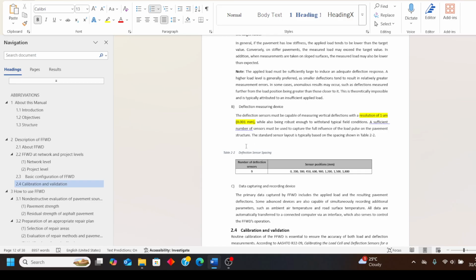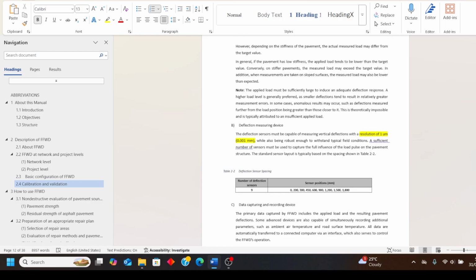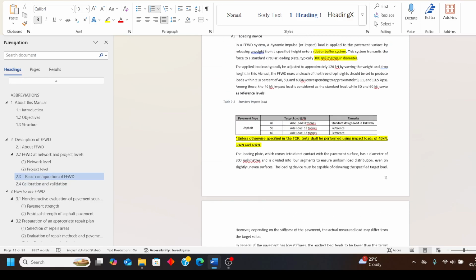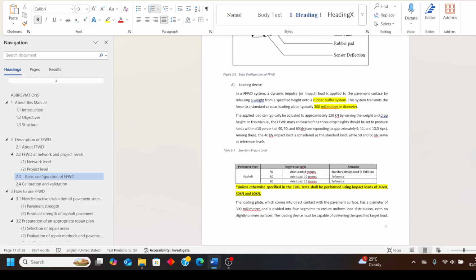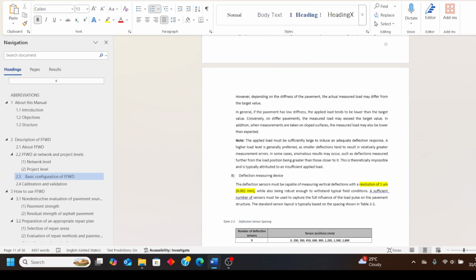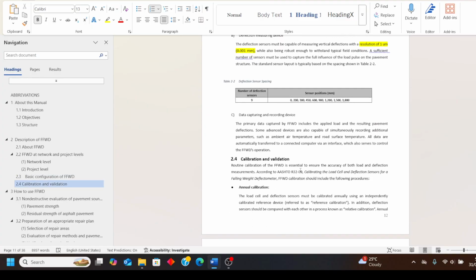Then we have the layout of the sensors. Sensors are placed in a radial alignment from the center of the load plate, extending outward. If I go a little back, you can see that from the center of the plate, it goes outward in the radial alignment. Then there is the deflection sensor spacing.